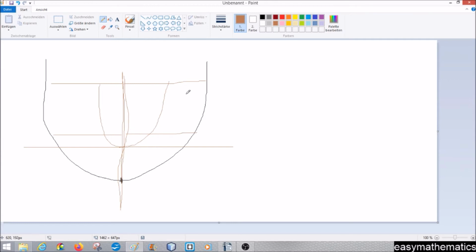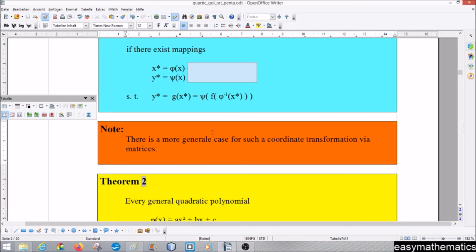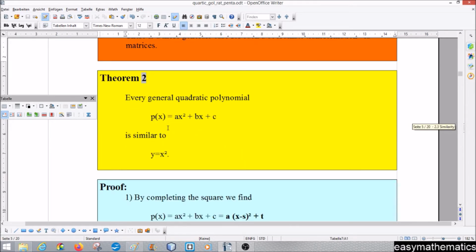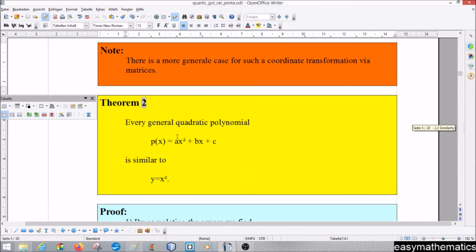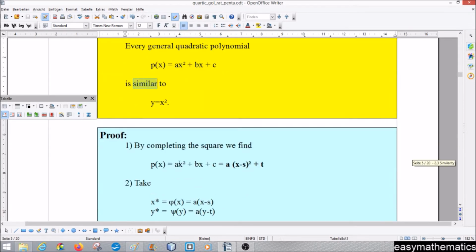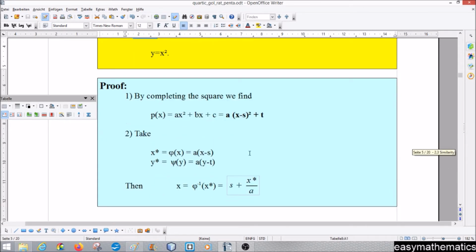Okay, and the theorem 2 says every general quadratic polynomial is similar to y equals x squared, and by definition of similar we have to find two mappings, and yeah, we can do this quite easily.